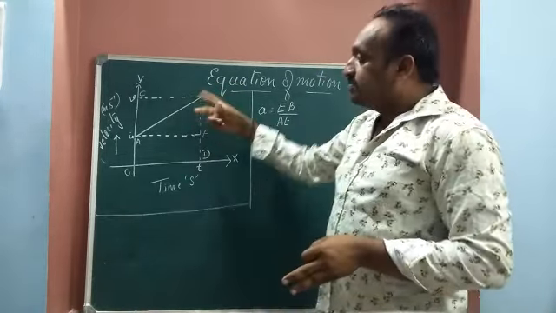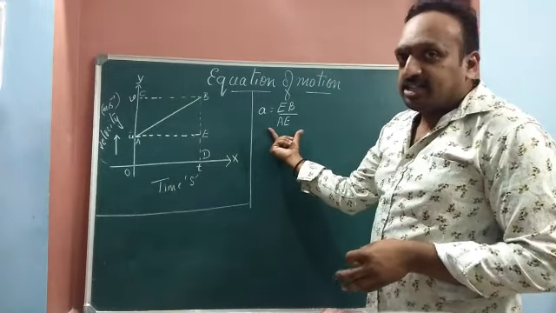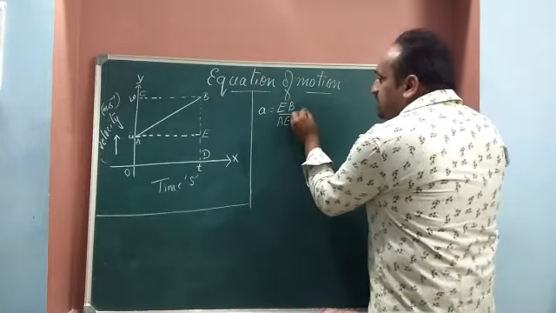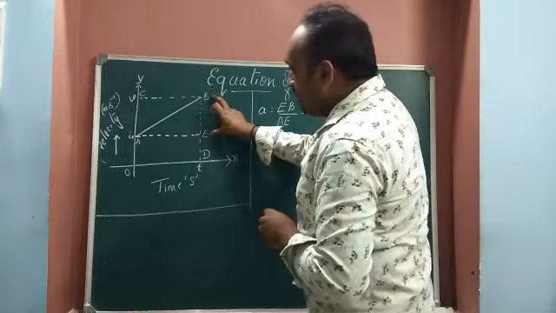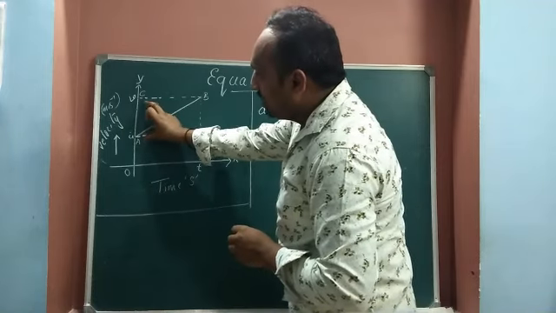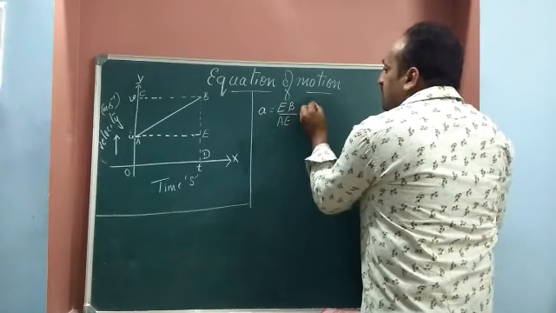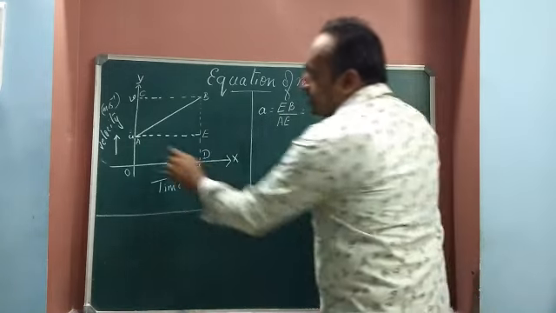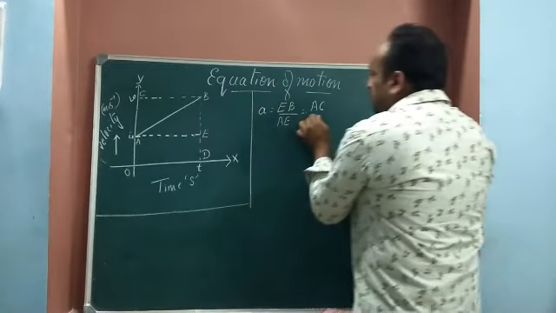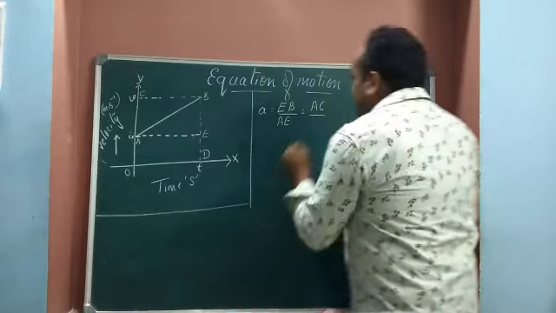So y-axis by x-axis is going to give you the acceleration. Now I'll make a bit of alteration. See here, EB is nothing but AC. So in place of EB, I will write AC, divided by, in place of AE, I will write OD.